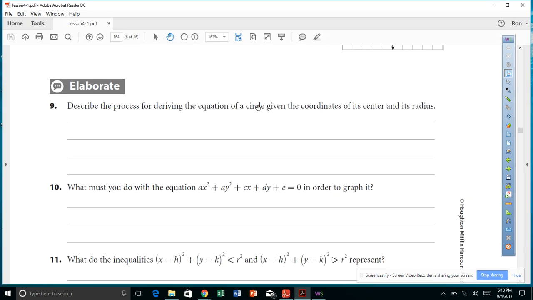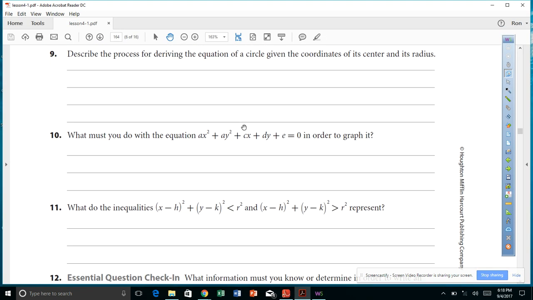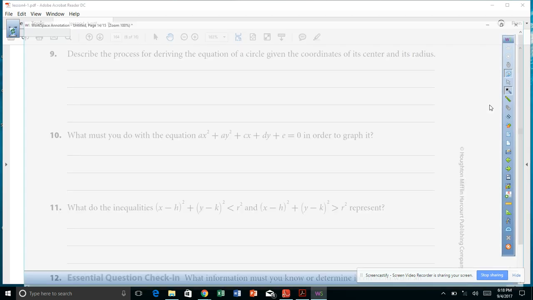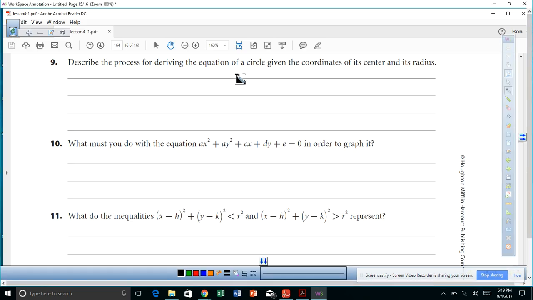Describe the process for deriving the equation of a circle given the coordinates of its center and radius. All right. Well, first we need to choose an arbitrary point P on the circle. So first, choose an arbitrary point on the circle.